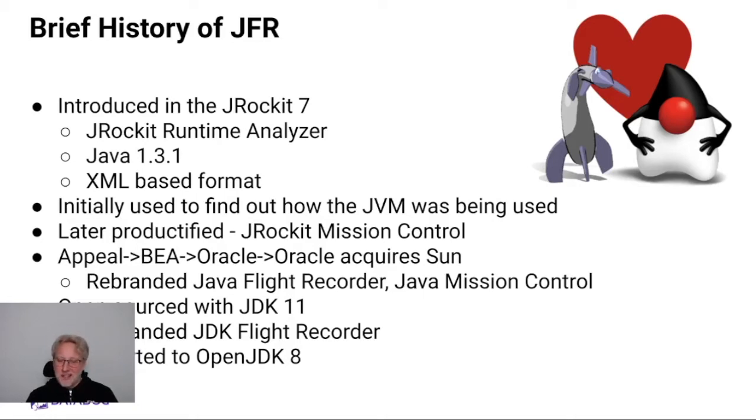And it was rebranded into JDK Flight Recorder. And it was eventually backported into OpenJDK 8. So if you have OpenJDK 8 or above, you can be using the JDK Flight Recorder. And if you have Oracle JDK 7 or above, you can use the Java Flight Recorder.